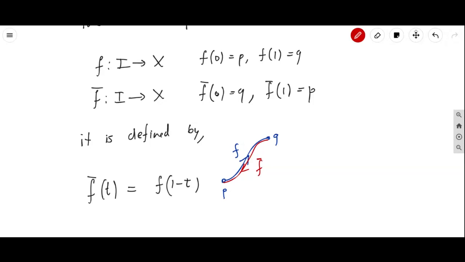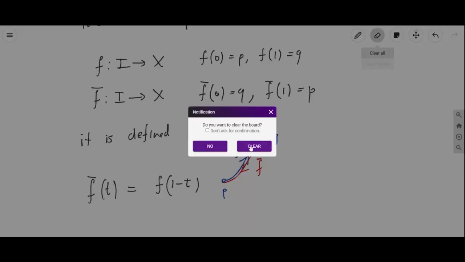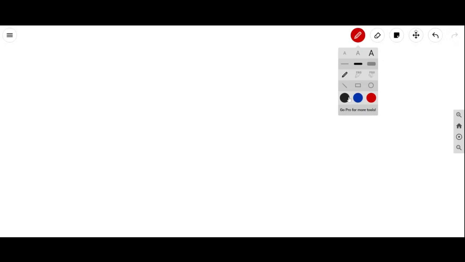So now we're going to define what is known as a path homotopy. Before we give the definition, I want to give a little bit of an intuition.